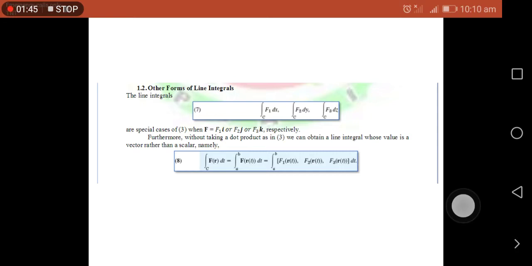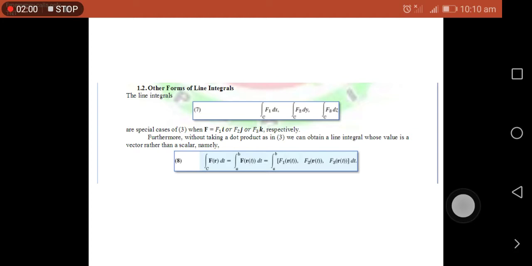So in this line integral, we are integrating some function with respect to some curve. We have here other forms of line integrals, as you can see here.